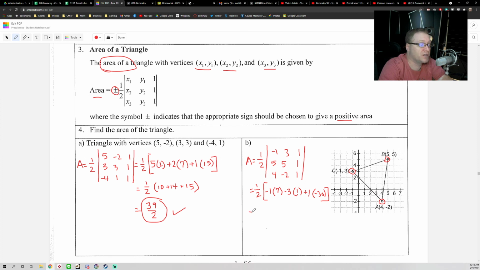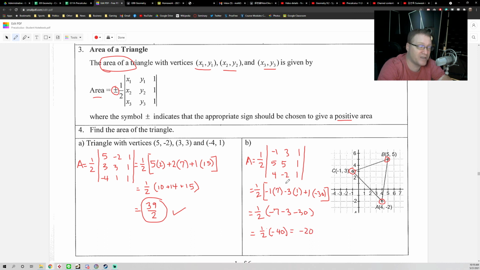Now we can just calculate this out. So we have 1/2 times -7 minus 3, and then minus 30. Well, -7 minus 3 is -10, minus 30 is -40. So this is going to be 1/2 times -40, which, of course, is -20.